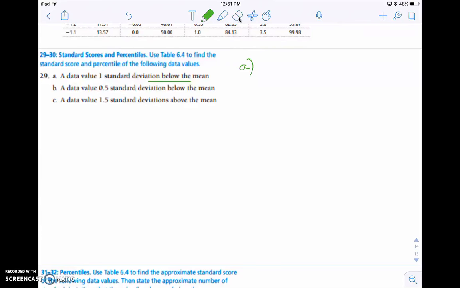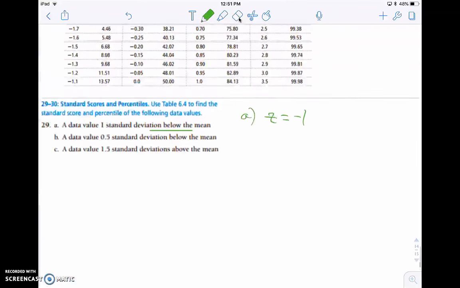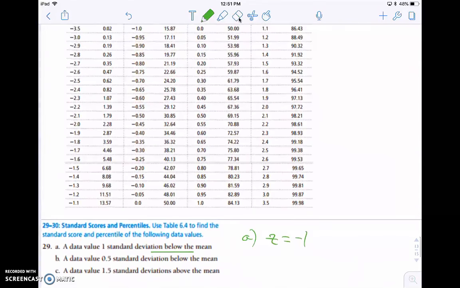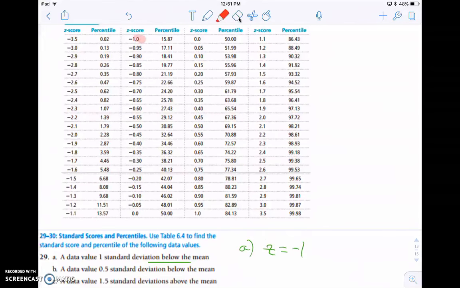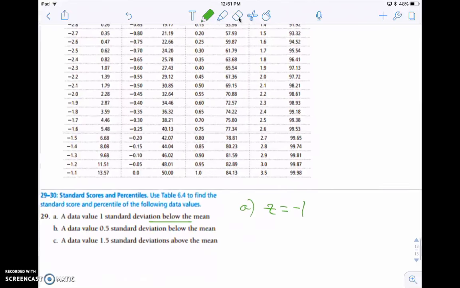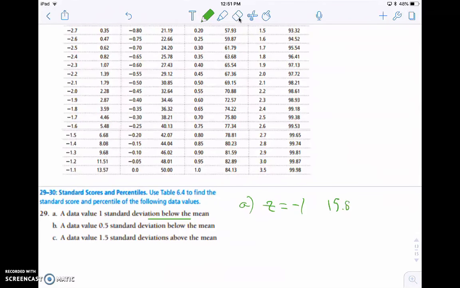Well, that's just a z-score of -1. And for the percentile, I'm going to go find z equal to -1, and that associated percentile is 15.87. So it would be the 15.87 percentile.